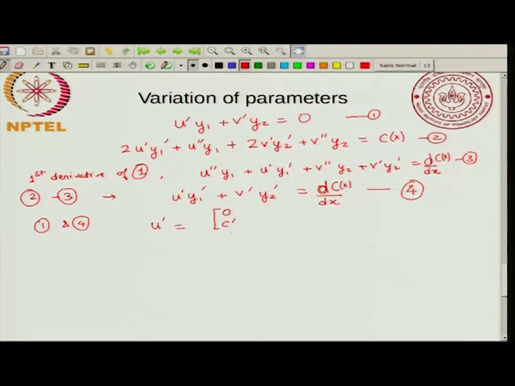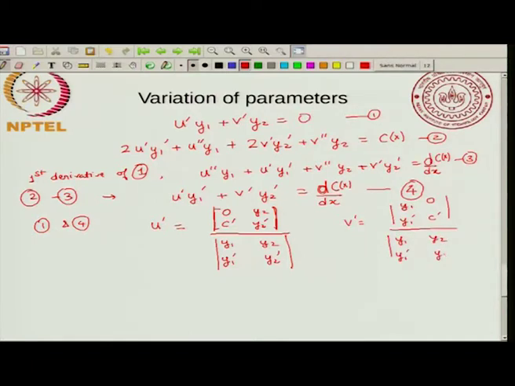Then you also get v prime equal to the determinant y1 prime, 0, c, divided by y1 y2, y1 prime y2 prime.